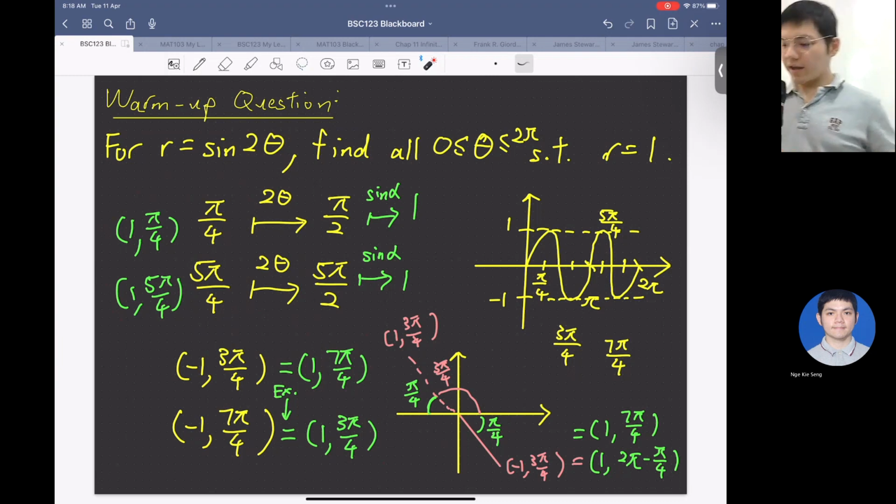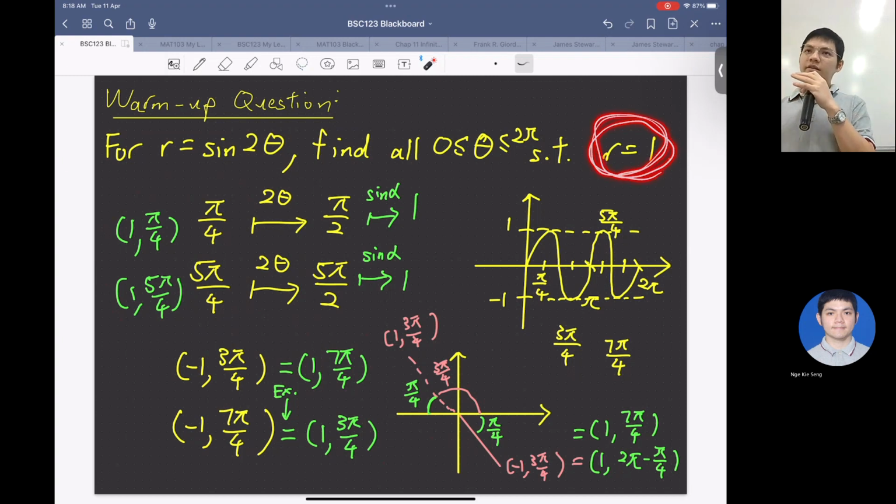The first way I think about this question is that in polar coordinates, you really only care about radius 1, meaning the length is 1. I don't care if it is positive 1 or negative 1, because positive and negative give you direction. When I ask about radius 1, I only think about length 1. So automatically you need to consider the -1 point.